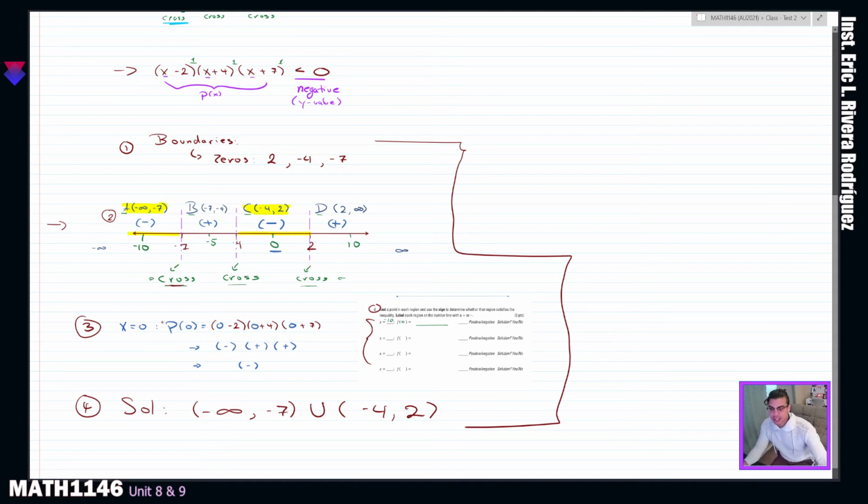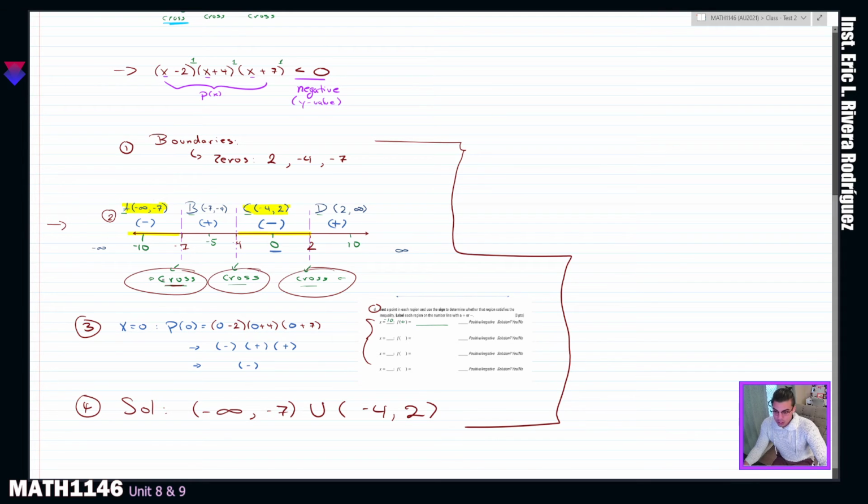Now, on step number 3, if you are going to use the behavior of the x-intercepts as part of your evaluation, you at least need to write something informing me that, based on the behavior of the x-intercepts, you are determining the sign of each region. For example here, I just put cross, cross, cross, and that led me to know the sign of the next region based on the previous one, right?